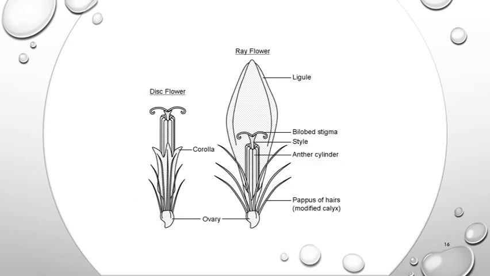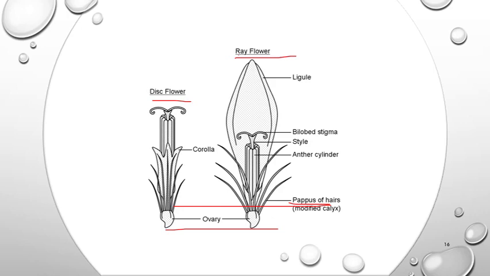So here we have the different shapes and structures of these florets, disc florets and ray florets. At the base both contain an ovary, then a calyx that is converted into a hair-like structure called the pappus. So here is the pappus, and here we have a corolla.